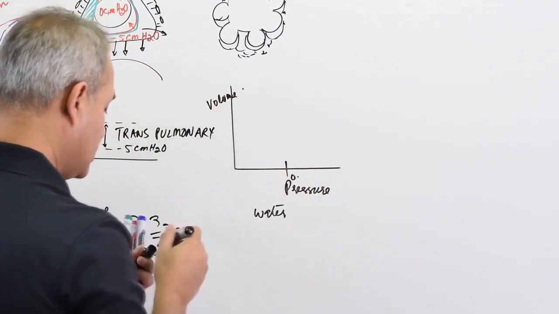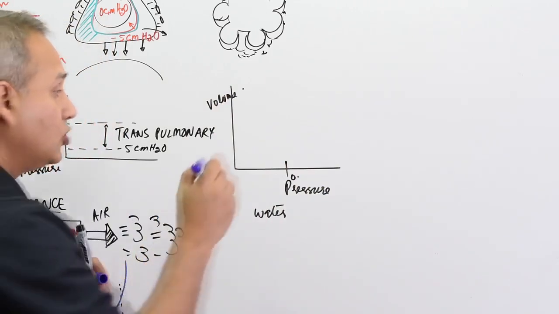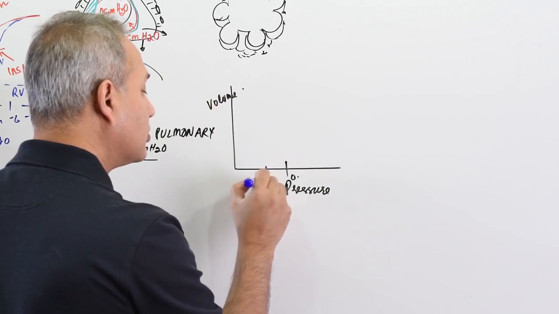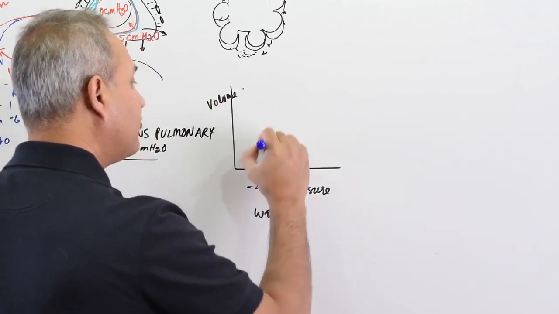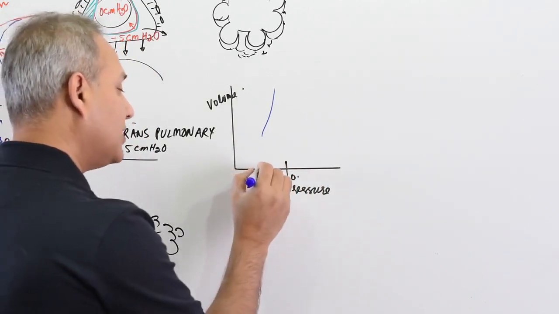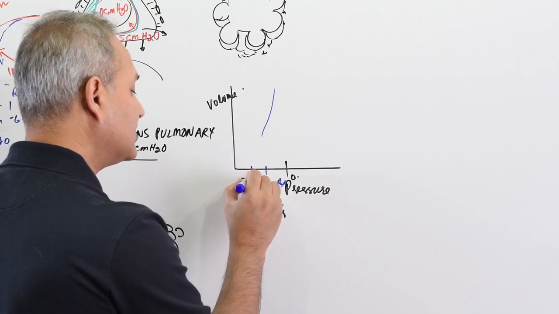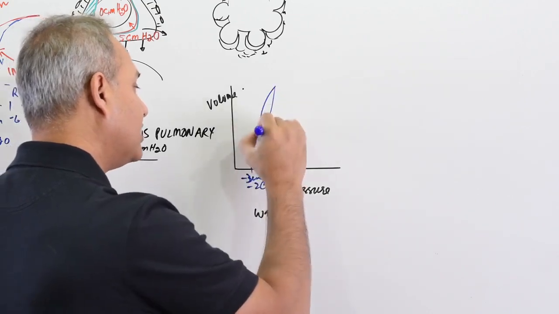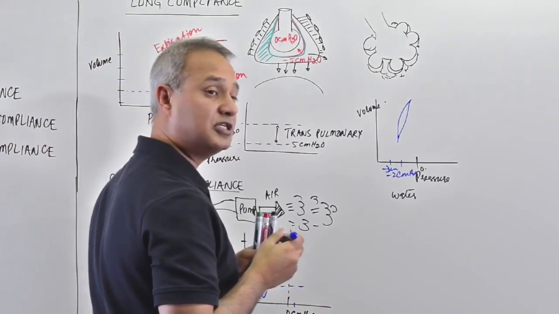This is zero. Do you know that if the lungs are filled with water, normally at -2 centimeter of water they become fully filled, and then by -1 centimeter, -3 centimeter, they become fully emptied?